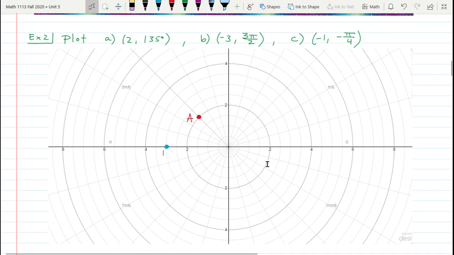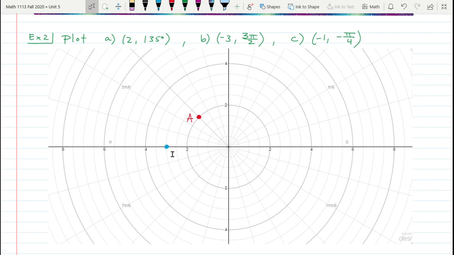I believe the second way, the way that I'm graphing point B, is going to be more beneficial. So first find the radius, and then open up to the angle in that standard way that we've been doing it. If the angle is positive, we open counterclockwise from that point, and if it was a negative angle, we would open clockwise.